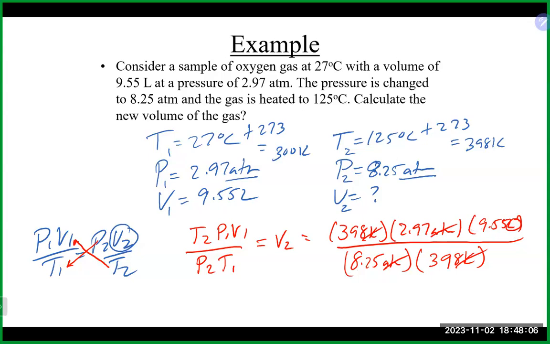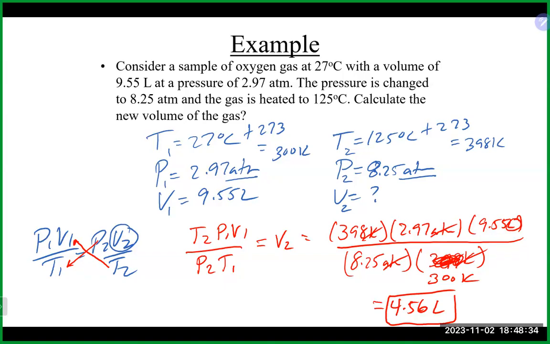Yes, T1 is 300, thank you very much. Probably don't divide it by the same number, that would not work so well. So let me do this with the right number. So it's better, 4.56 liters. And that would be our volume in this particular case.